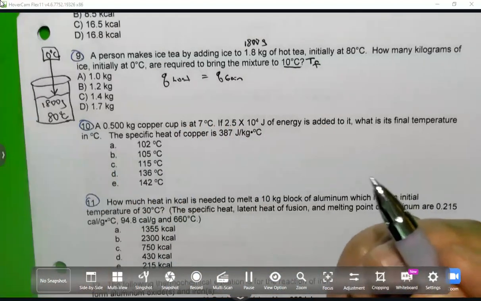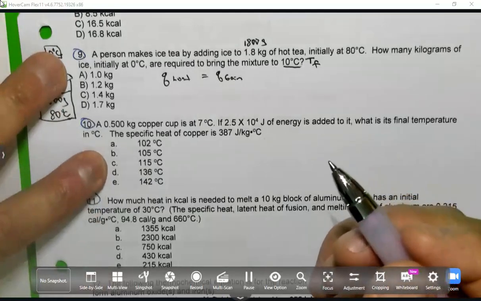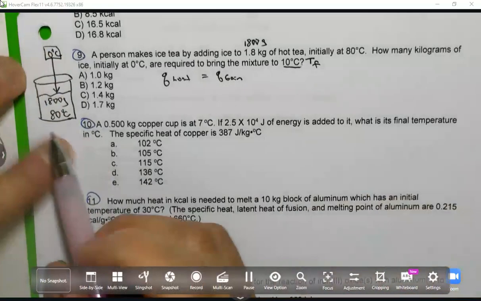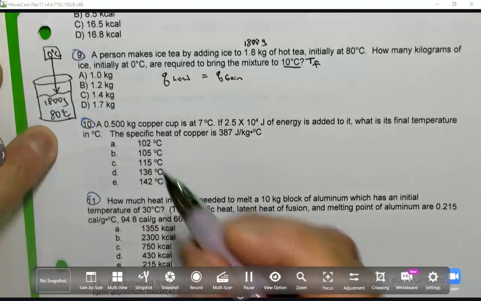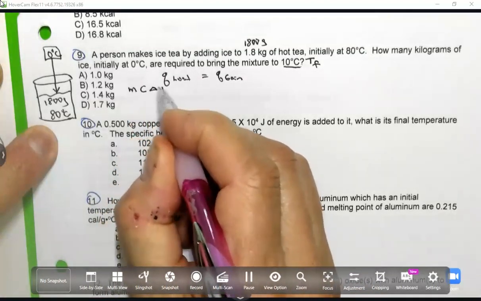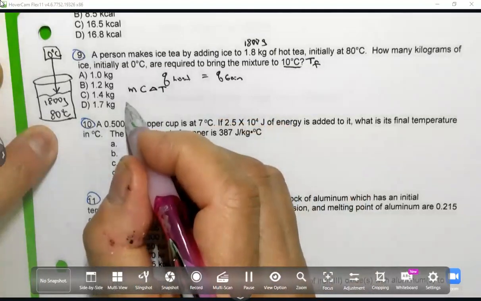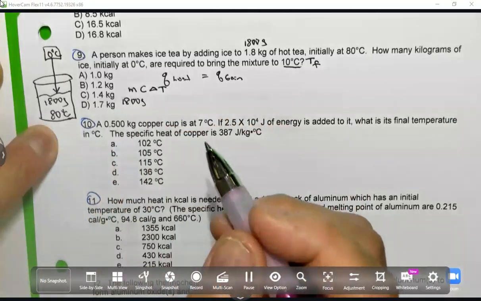Now, we know that what is going to lose heat is my 1,800 grams of tea at 80. So this is going to be MC delta T, and that mass is 1,800 grams.